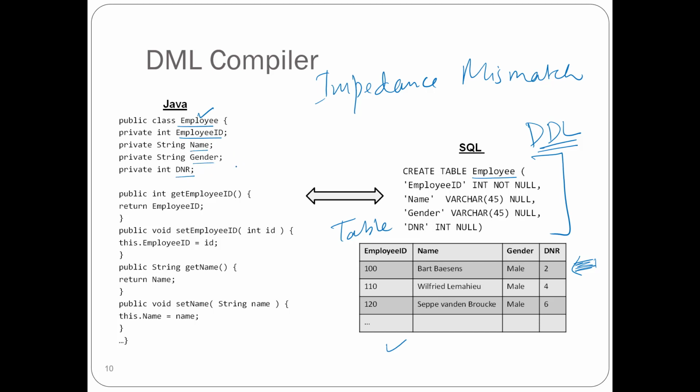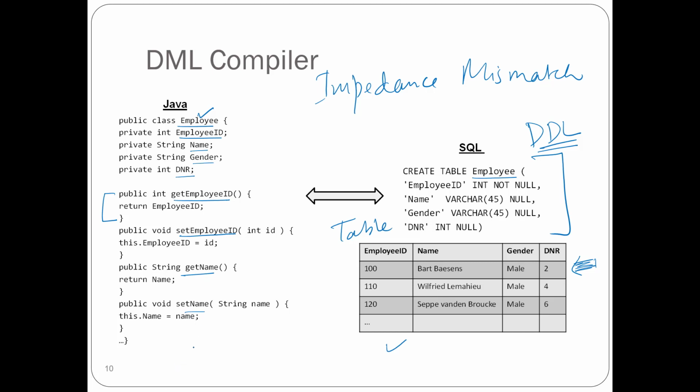We call those data fields. So employee ID is the data field which will have the employee ID information, then you have the name, then gender, then department number. And interestingly, for classes we can have the methods as well. So we have the getter method, get employee ID, we have a setter method, set employee ID, we have getter for name, we have setter for name.